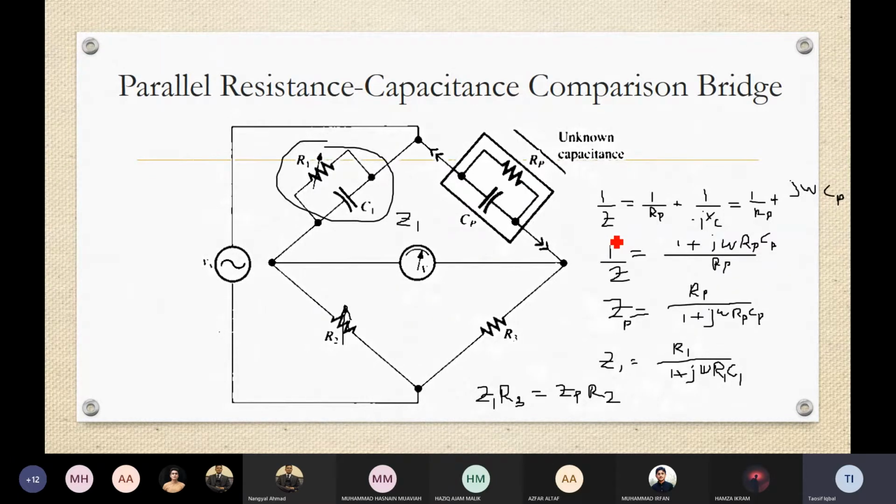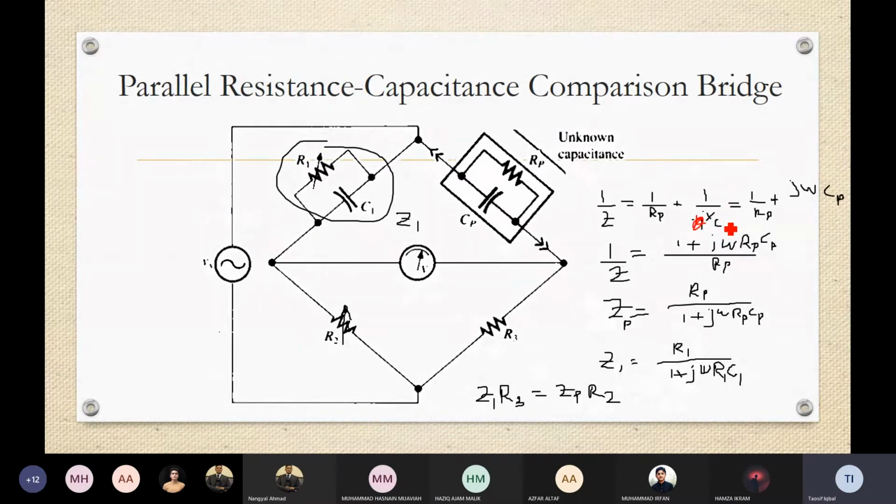So to find the parallel combination and the overall equivalent impedance, we will go like this. 1 by Z is going to be 1 by Rp plus 1 over Xc. So there should not be any j.